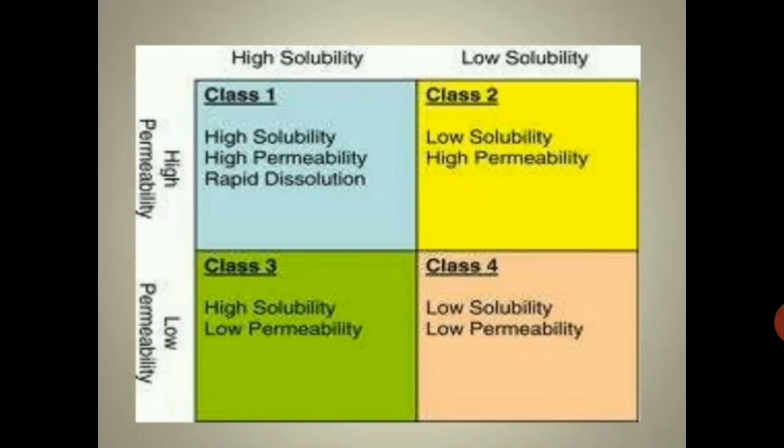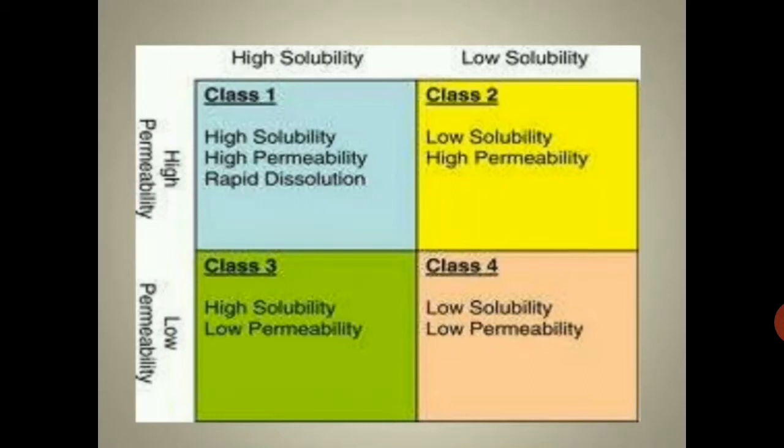Class 3, low permeability and high solubility. An example is cimetidine. The absorption is limited by the permeation rate, but the drug is solvated very fast. If the formulation does not change the permeability or gastrointestinal duration time, then class 1 criteria can be applied. Class 4, low solubility and low permeability.